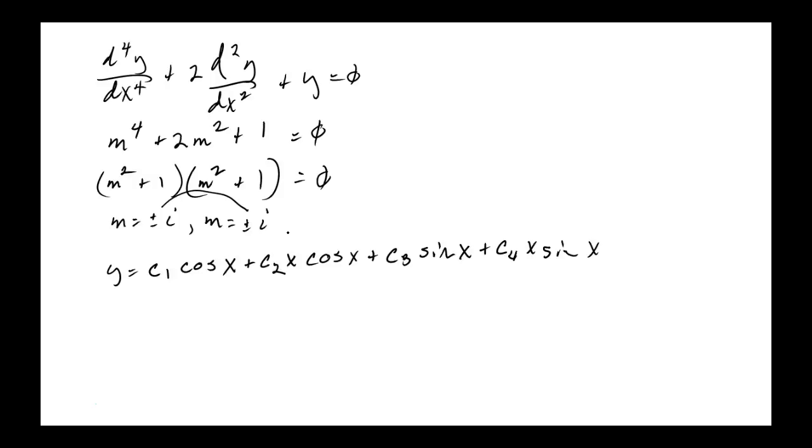They put the cosine by itself, a sine by itself, a cosine with an x, and a sine with an x. So C1 cosine x, and what I said was C3 sine x, they put C2 sine x, plus C3 x cosine x, which I put C2 x cosine x, plus C4 x sine x. We just had x's out in front of the wrong thing. But we got it. That wasn't nearly as bad as you were fearing it was.